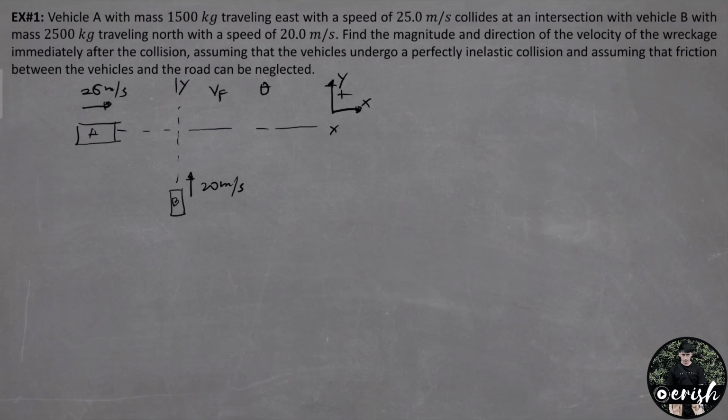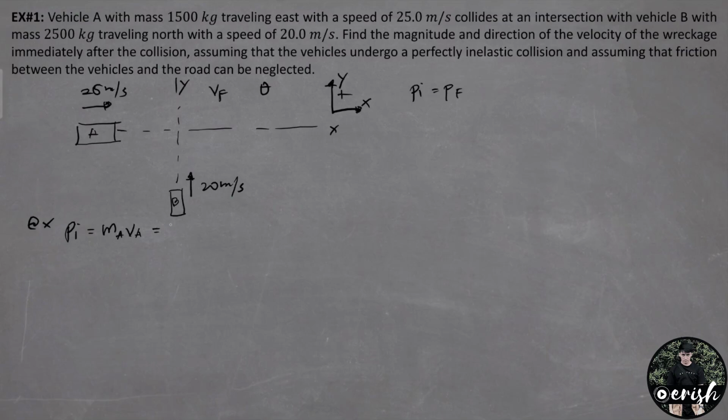First step, gagamitin pa rin natin yung conservation of momentum. Initial momentum is equal to final momentum. We find the x components of the initial and the final momenta. For the initial muna, at x component, initial is equal to mass of A times the velocity of A. So, siya lang yung nasa x component.